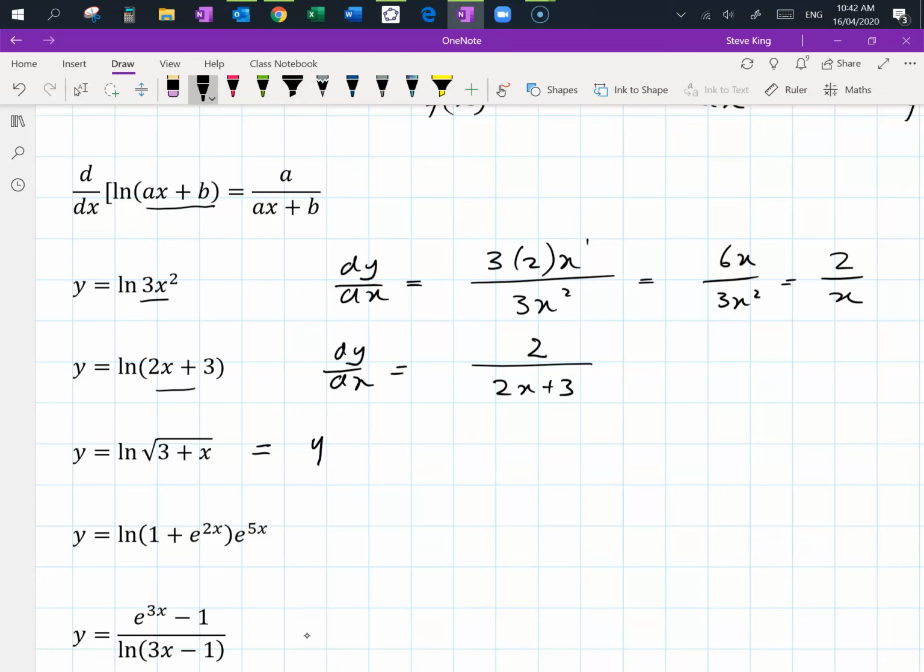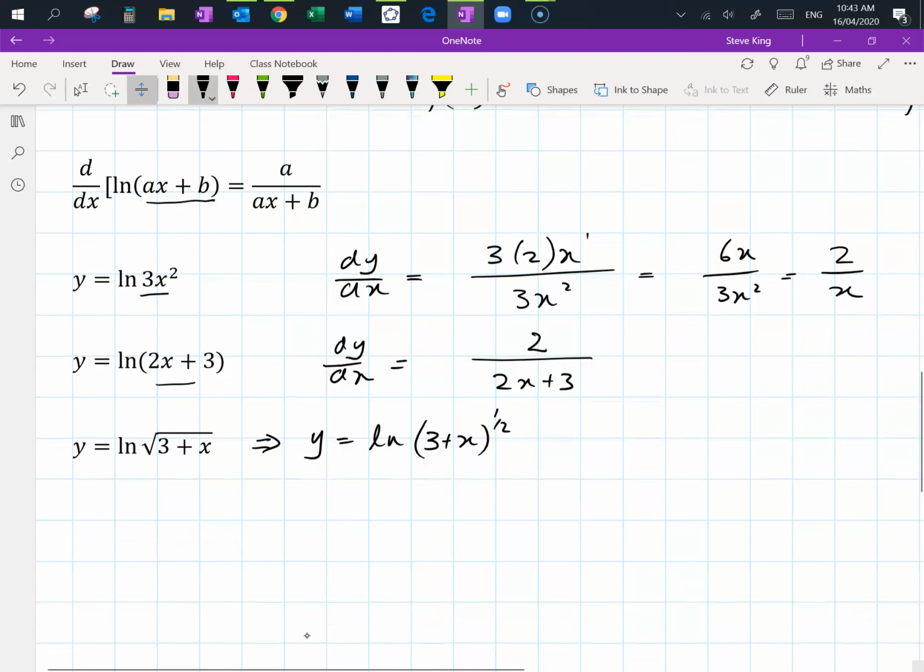Here, I've got y is equal to, if I rearrange this, y is equal to the natural log of 3 plus x to the power of a half. Now I've got a bit of a compound function happening here, so I need to possibly give myself a bit more space in order to tackle this one. Because it's a compound function, I need to make a substitution.